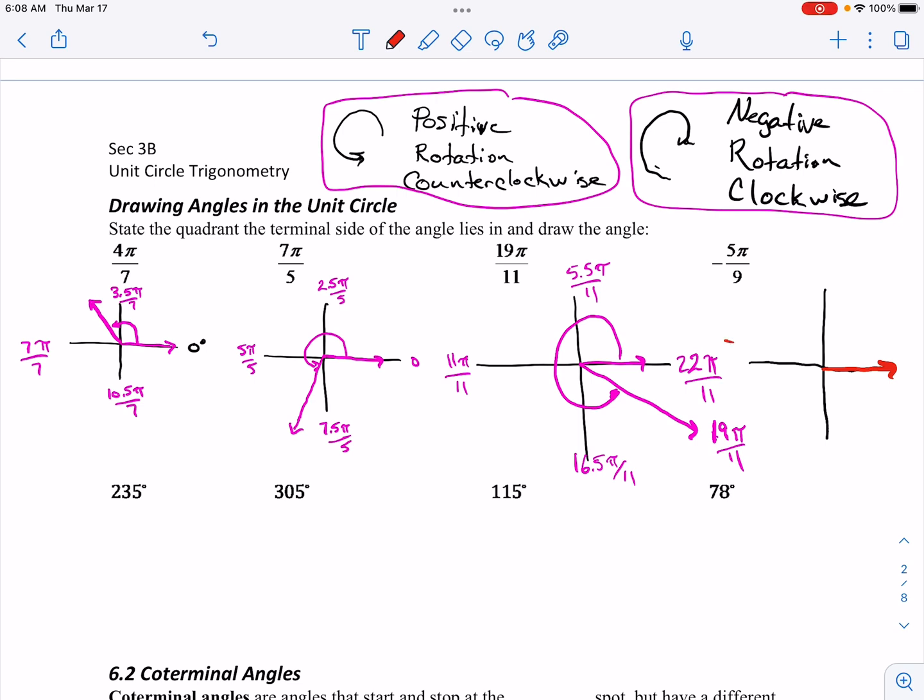This will be negative 9 pi ninths, which would be halfway around. Half of that would be negative 4.5. So negative 5 pi ninths would be somewhere down in here, rotating clockwise because it's negative.